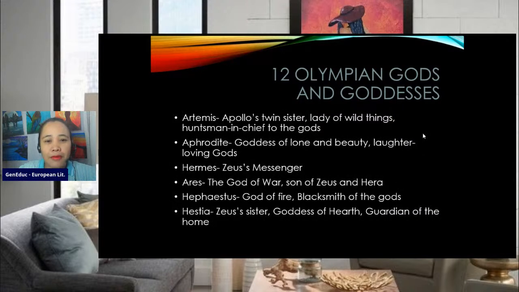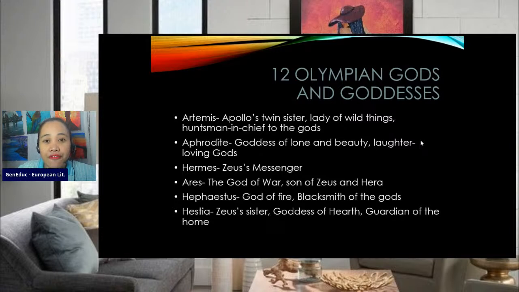Artemis, Apollo's twin sister, lady of wild things, huntsman in chief to the gods. Aphrodite, goddess of love and beauty, laughter-loving goddess. Hermes, Zeus' messenger. Ares, the god of war, son of Zeus and Hera.